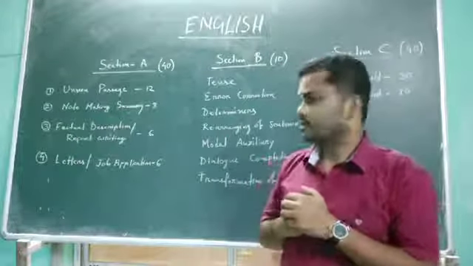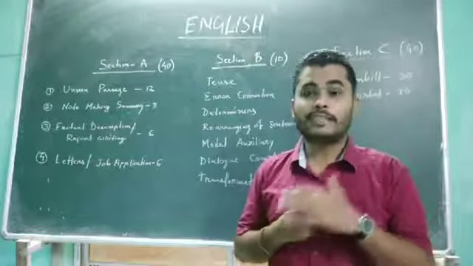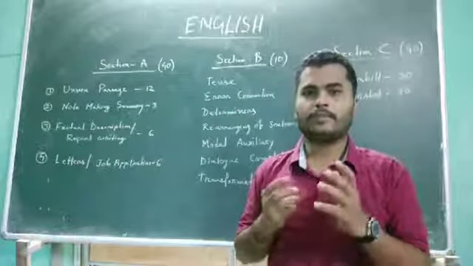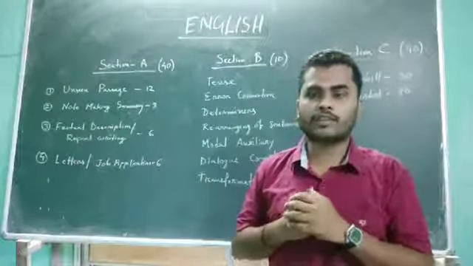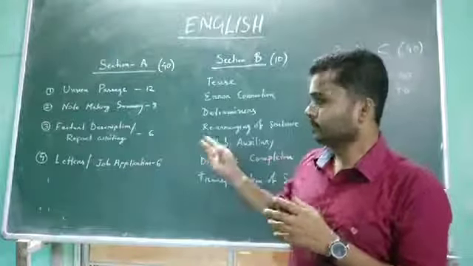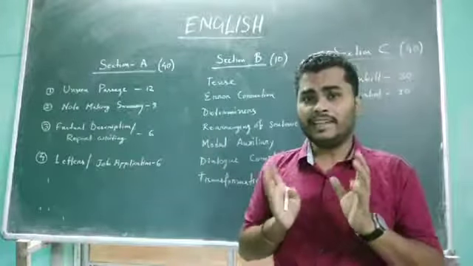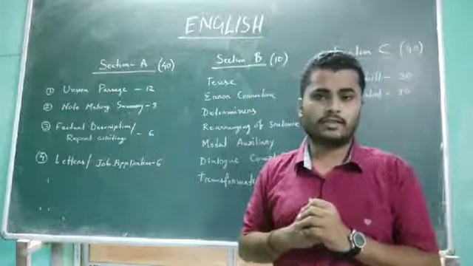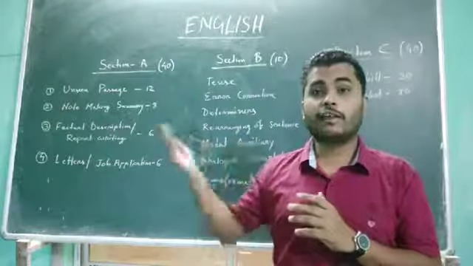Okay, so first we will discuss the syllabus, what kind of things we have to study in general English of SS first year. You see, English is an international language, so this is a foreign language.